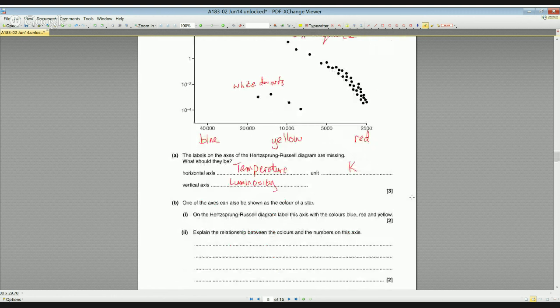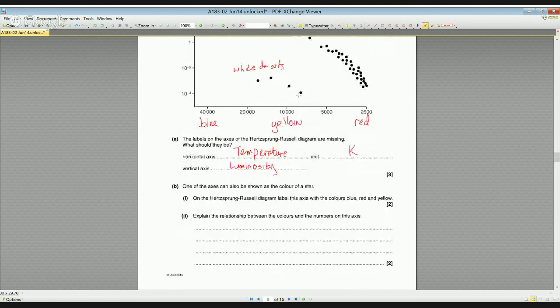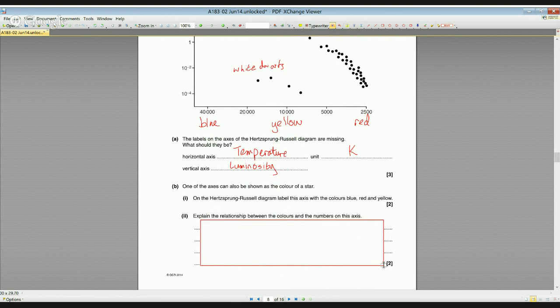Now we need to explain this relationship between colours and the number on the axis. So why is it that the hotter temperatures are blue and the cooler temperatures are red? Well, there's two points we need to make here. First is that the temperature of a star is related to the frequency of the light that it emits.